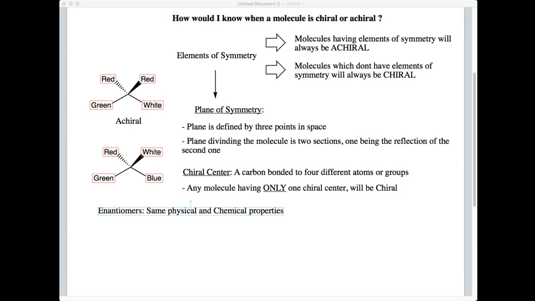What I mean by that is if you are in the lab and you're doing a synthesis to make this molecule, and by any chance in the flask you have a mixture of these two, it would be very hard to tell that you have two molecules in the solution because they have the same physical properties.